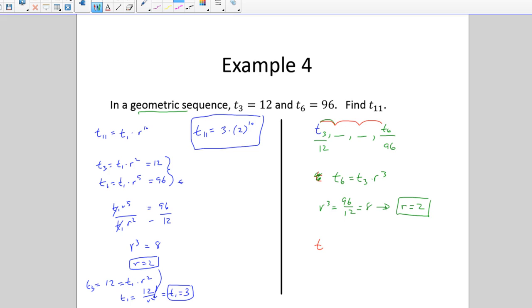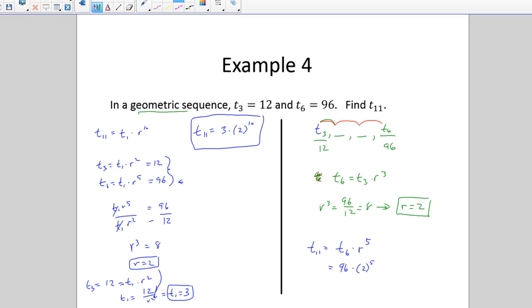So if we know it's 5 steps, then we can just say that t11 is going to be t6, the 6th term, times r multiplied 5 times to get us where we need to go. We know t6 is 96, and we know r is 2, and that would be to the 5th power.